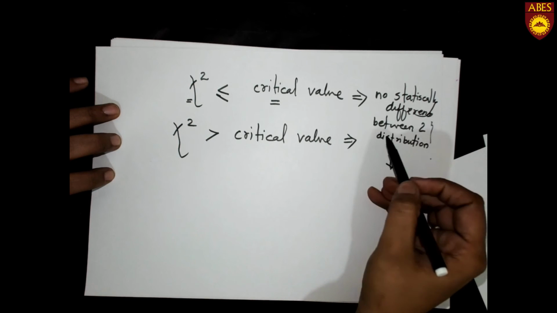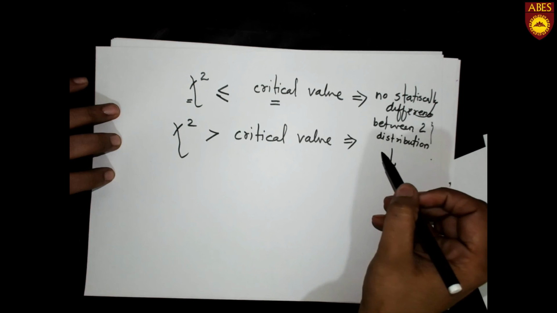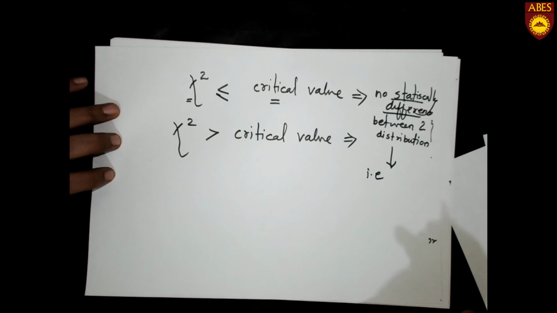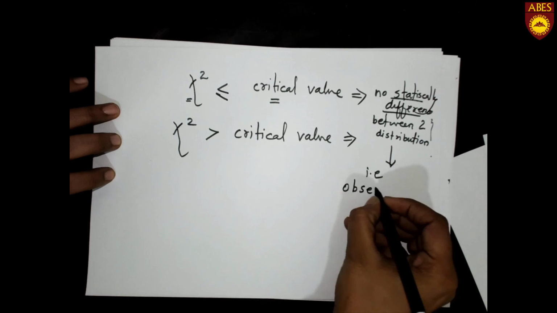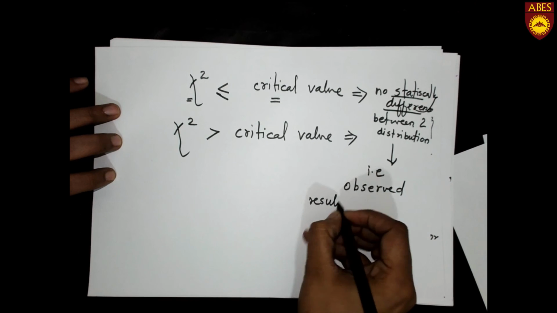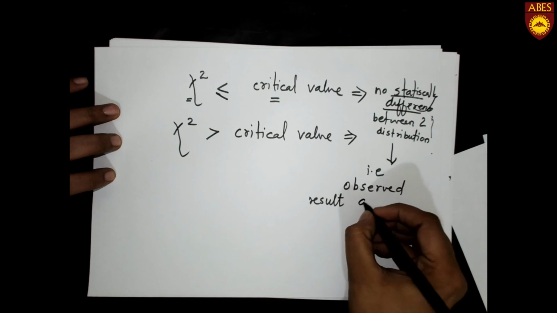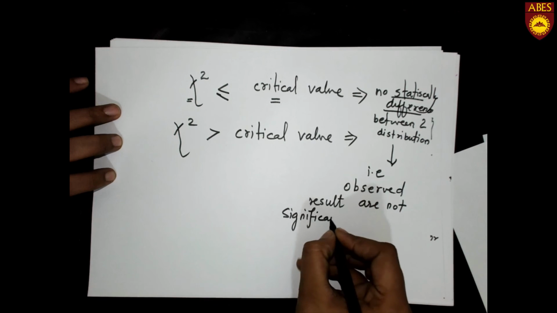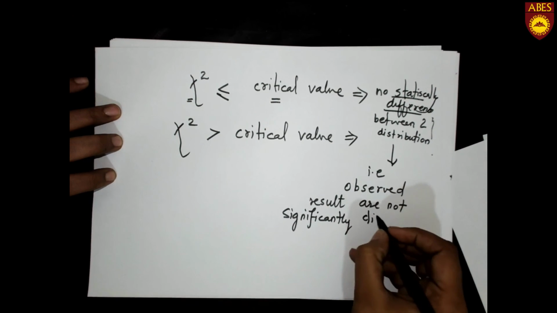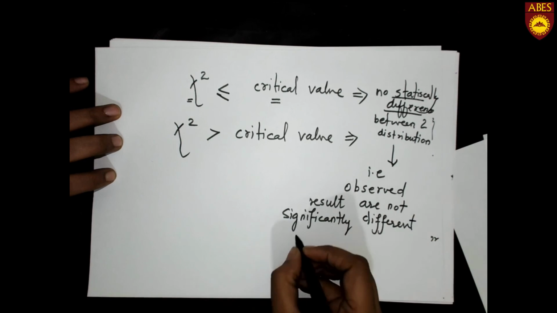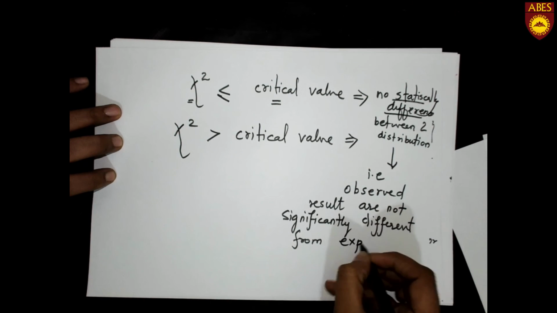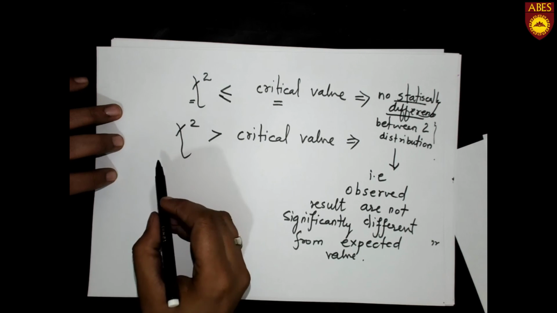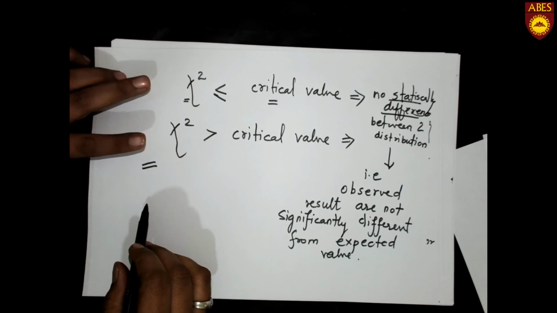Whatever the two hypotheses you are considering for your calculation, there is no statistical difference. That means my observed result, which is already given in your question, is not significantly different from my expected value. This is my conclusion from the condition, and that is where the chi-square test ends.